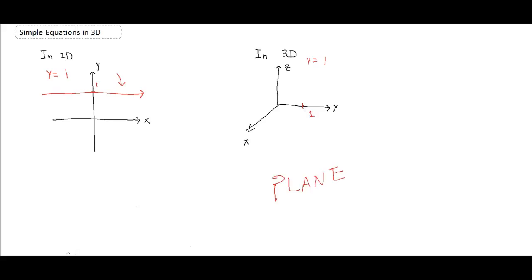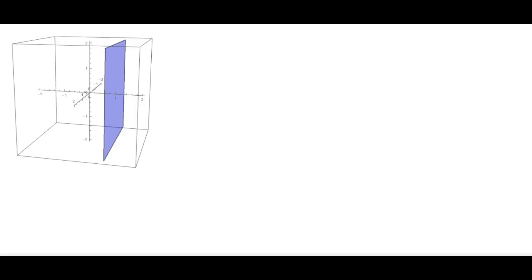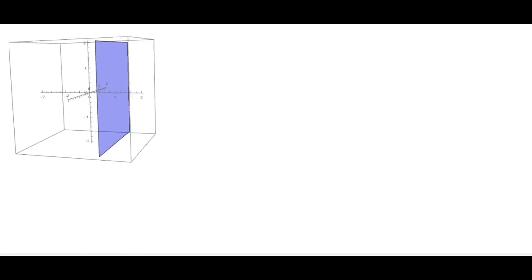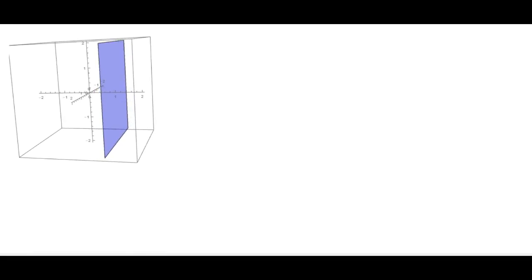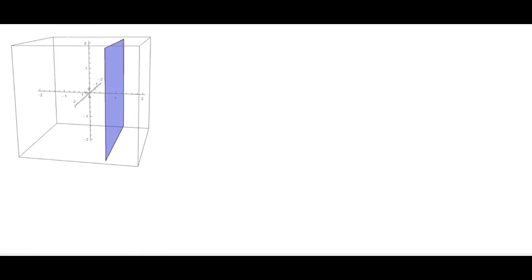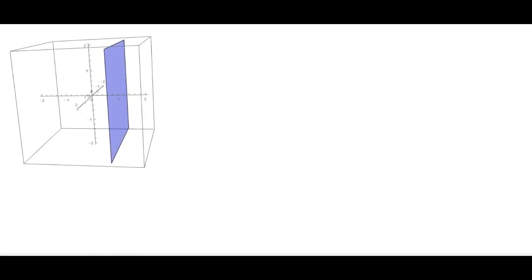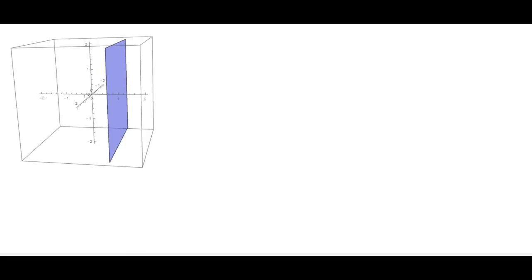So instead of trying to draw this, I am going to give you a graph for that. So here is the plane y equals 1. And you can actually see that this plane goes through the y-axis where y equals 1 and extends forever both in the x and z directions.